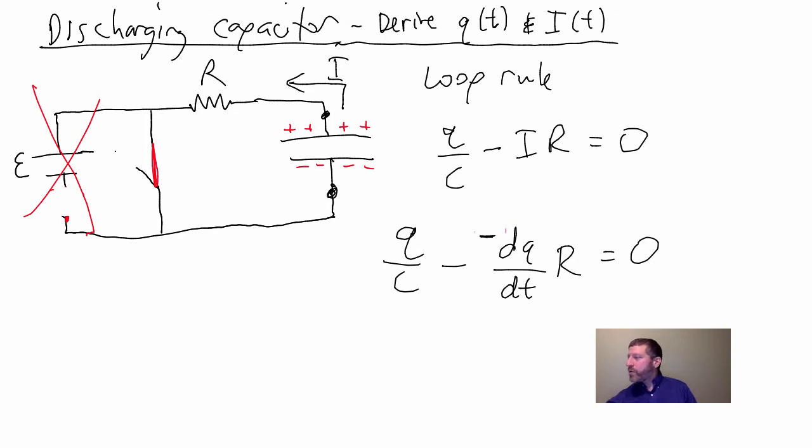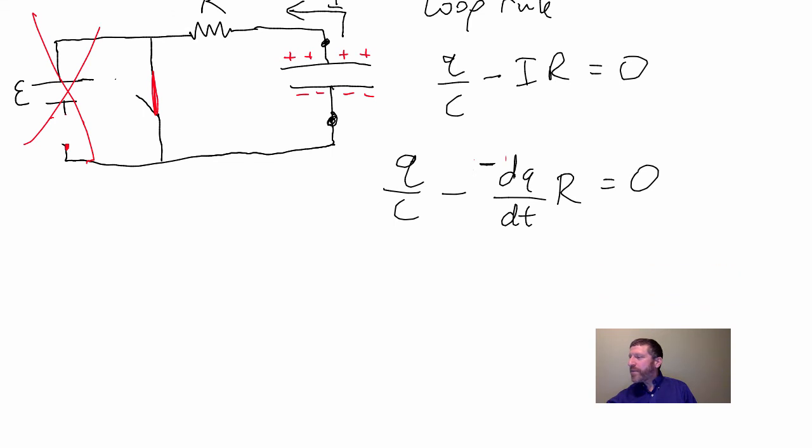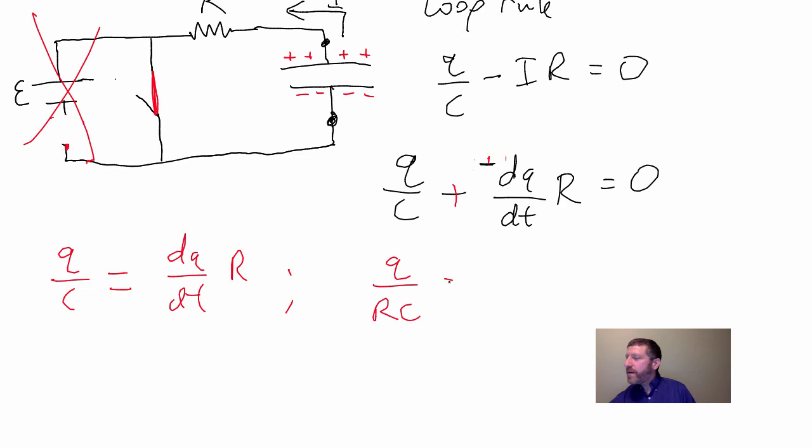So back to doing this and trying to keep the right side clean. I'm going to have Q over C, and I'm going to put this on the other side, so it becomes plus dq dt times R, again keeping the right side clean. That gives me negative Q over RC equals dq dt.